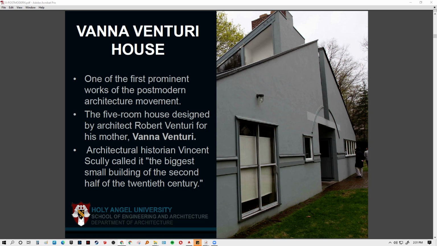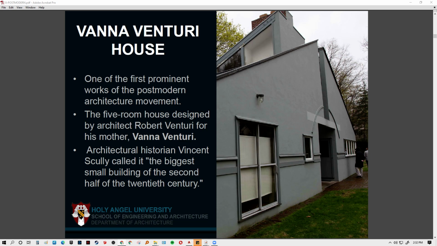So during this time, postmodern was being introduced, and this design mainly focuses on the planning approach, innovating the shape rather than the usual shape of a residential house, and different treatments for the openings or fenestrations, the glass, the windows, and different facade or finish.